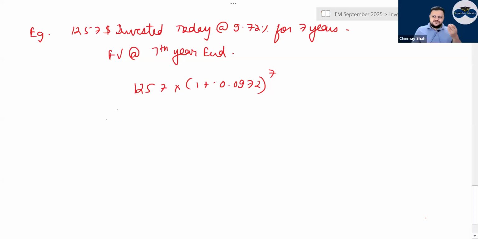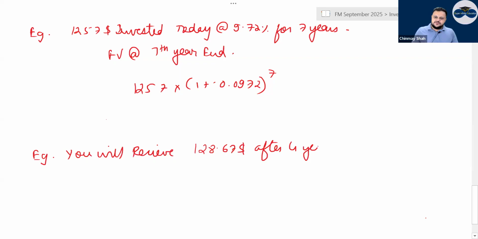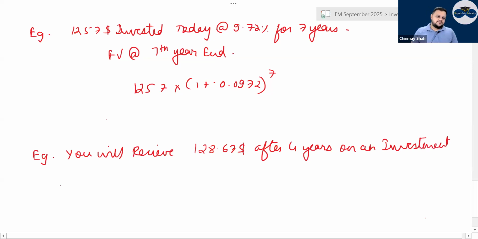No issues. Now let me go ahead and write down an example, correct? You will receive $128.67 after 4 years on an investment which has an interest rate of 6% per annum.